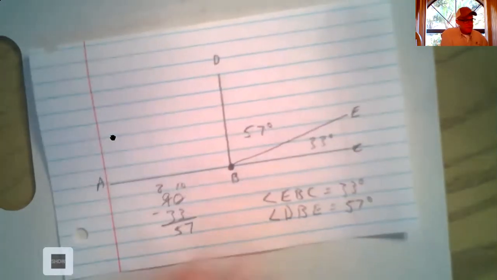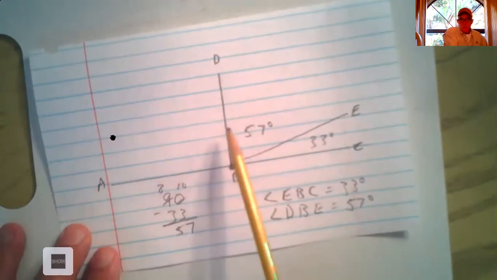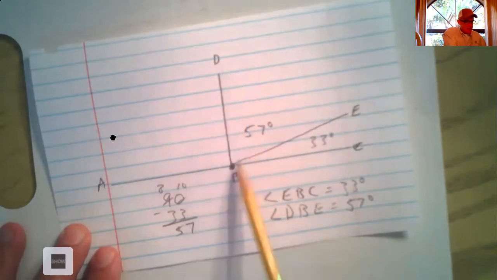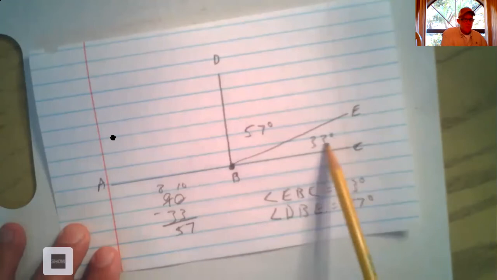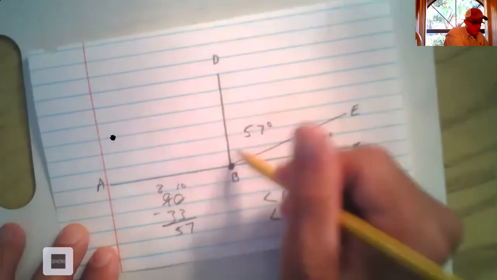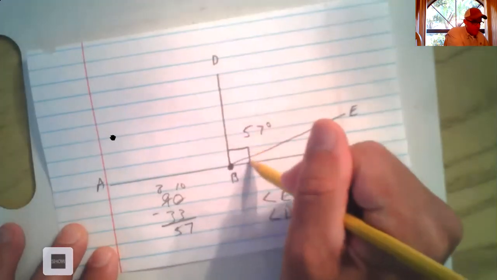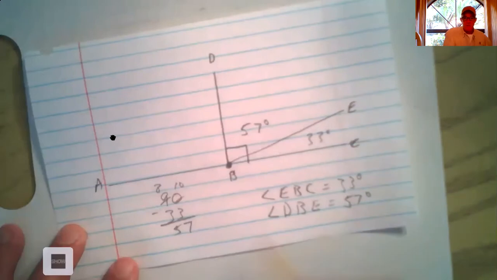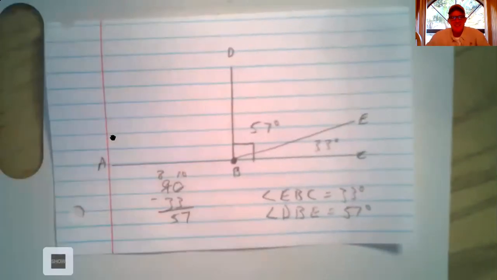Now, we just took what we knew, our right angle right here at 90 degrees, and we subtracted 33. So now if you would add 57 plus 33, you're going to get your right angle of 90 degrees. Okay. I'm going to give you 2 more examples, and then we're going to call it a day.